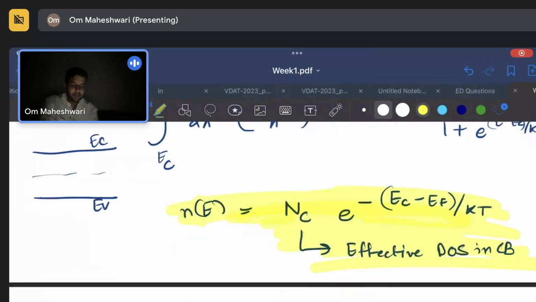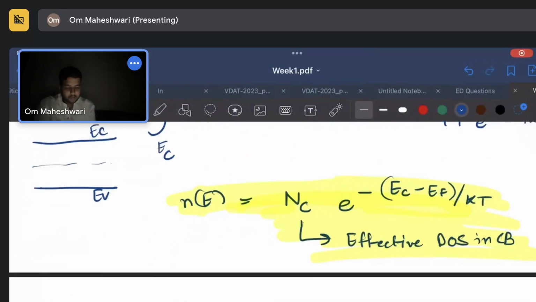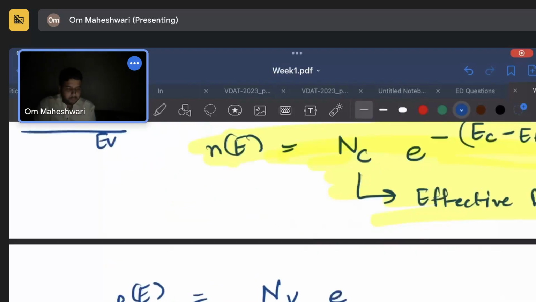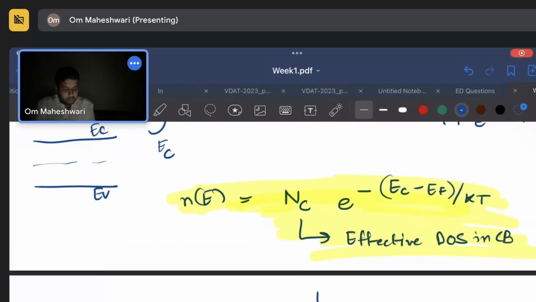Similarly for holes, let me write it as p(E) equals Nv e to the power (Ev minus Ef) by kT.